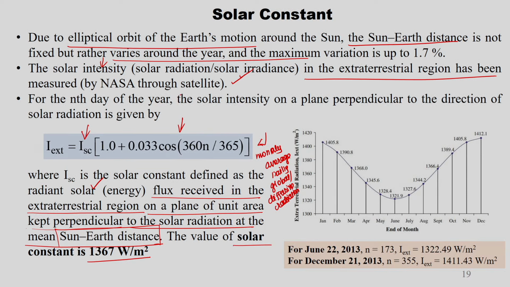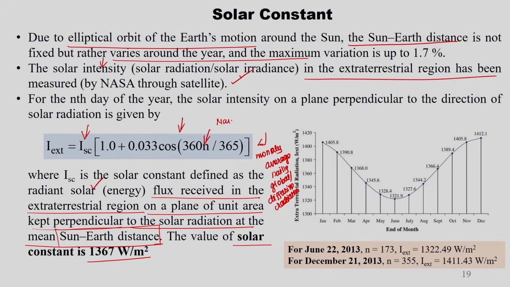For the nth day of the year, the solar intensity on a plane perpendicular to the direction of the solar radiation is given by the extraterrestrial radiation I, which is equal to the solar constant into 1 plus 0.033 cos 360 n upon 365.